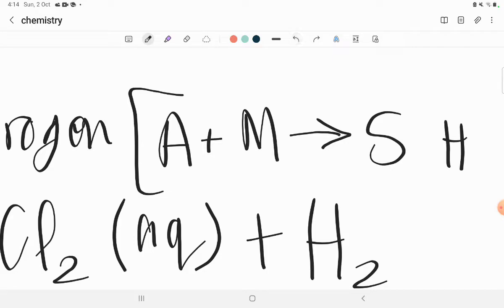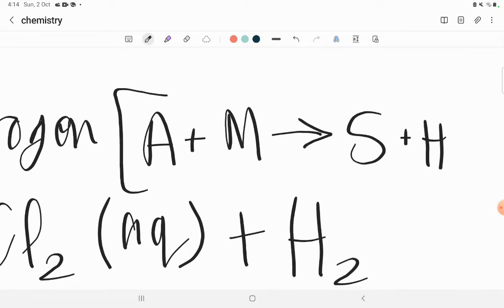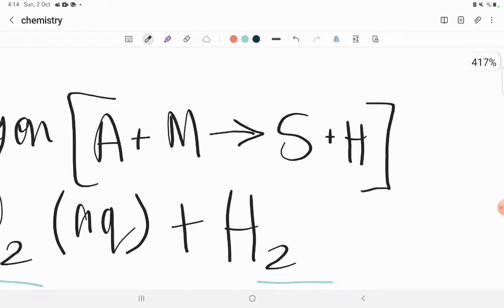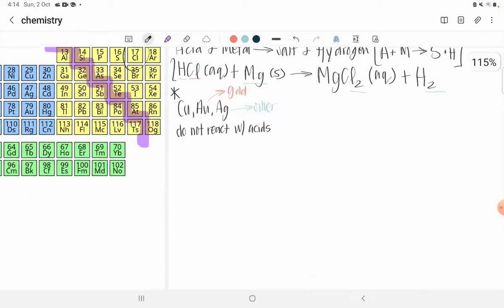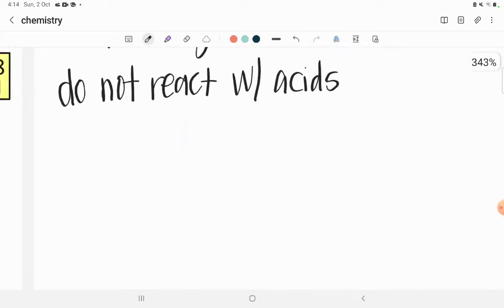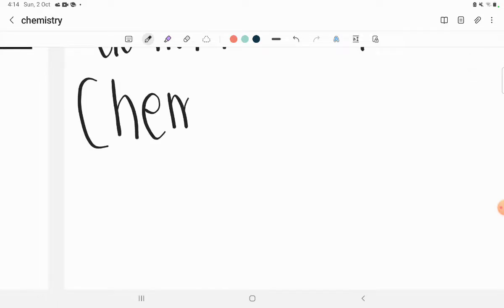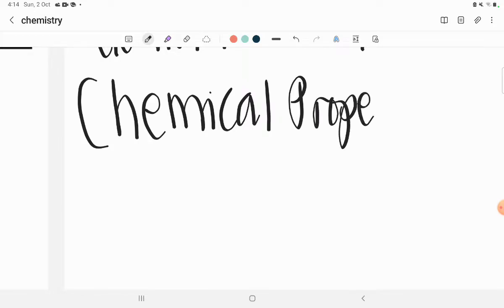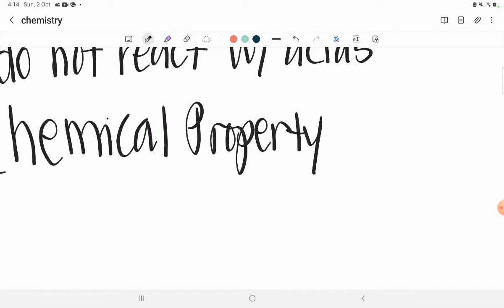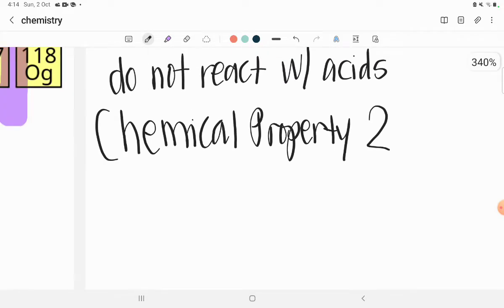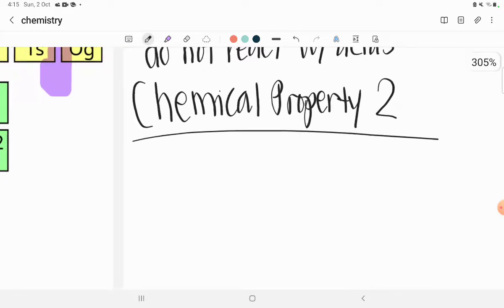Okay, so A plus M gives you S and H. That's the easiest way to remember. You shorten it. Okay, chemical property number 2.